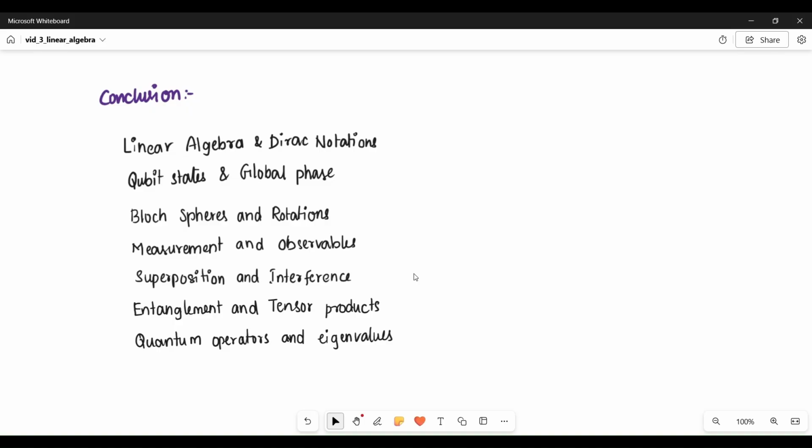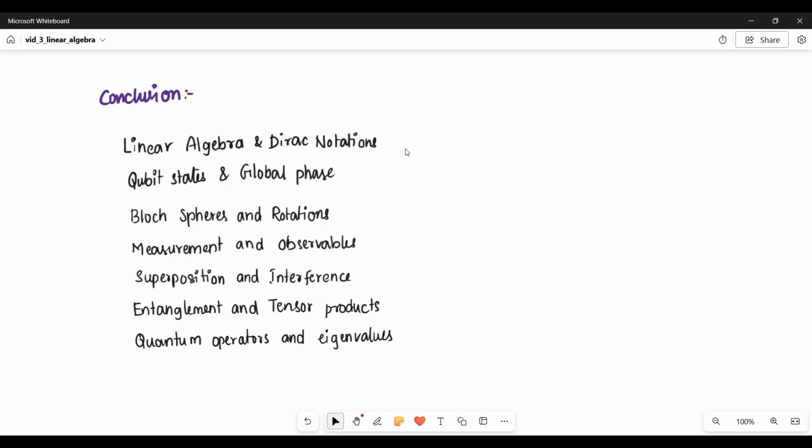Let's wrap up with a complete picture of what we have covered in this foundational journey through quantum math. We began with linear algebra, how vectors, matrices, and inner products build the structure of quantum mechanics. Then we introduced Dirac notation, where kets and bras gave us a clean, powerful way to express quantum states and operations.